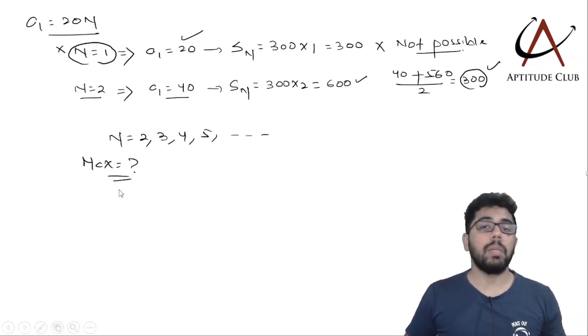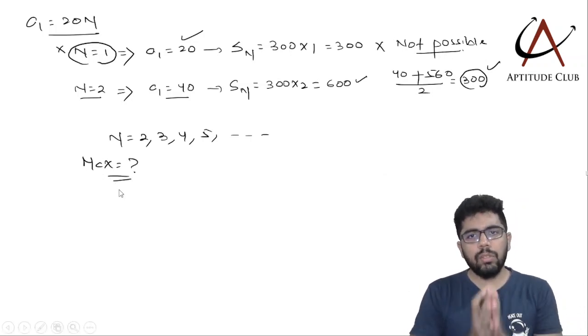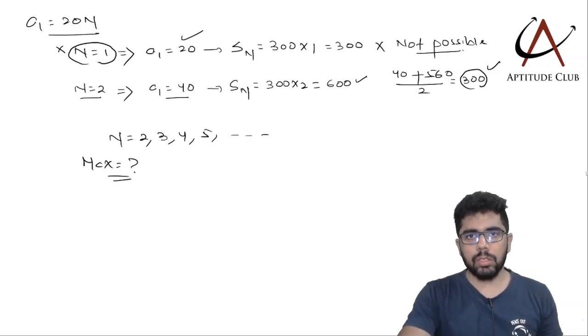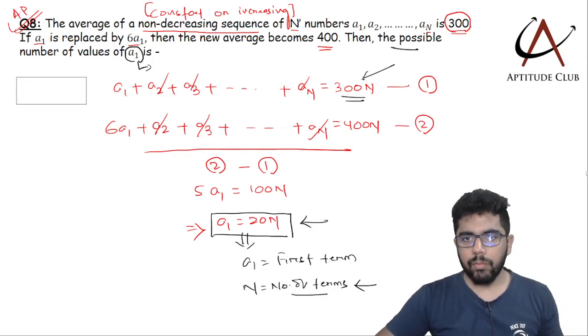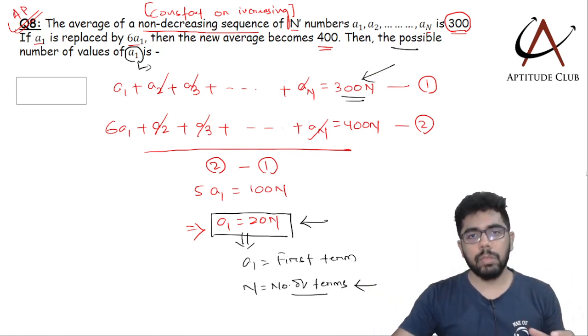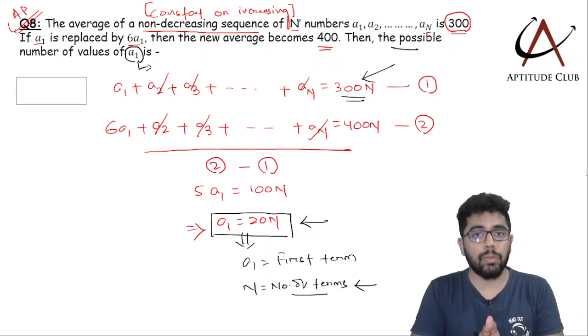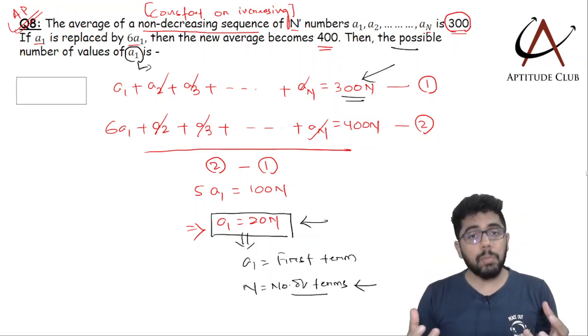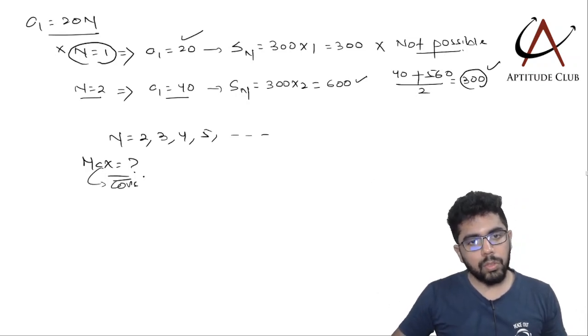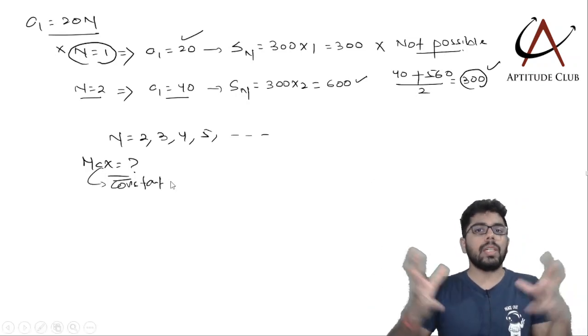The maximum value of n will be how much? Now think of it in this way. If I go on increasing, because the sum is fixed at 300n, the average has to be 300. So if I go on in an increasing sequence, my number of terms will be minimized, of course. If I want to maximize my number of terms, it has to be a constant sequence, because only if the terms are constant can you accommodate more terms.